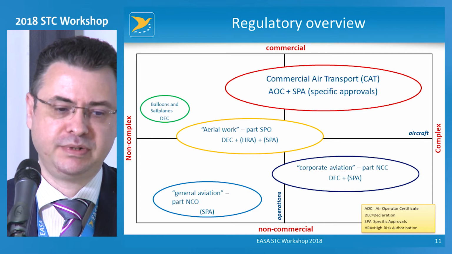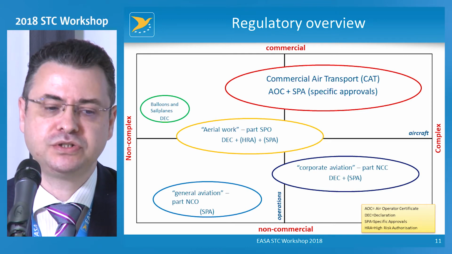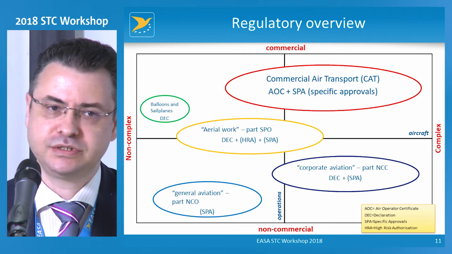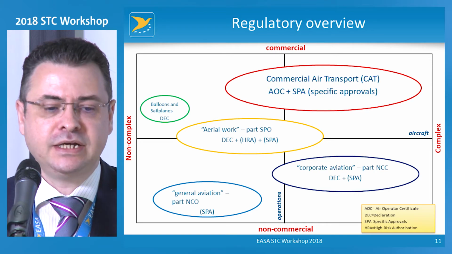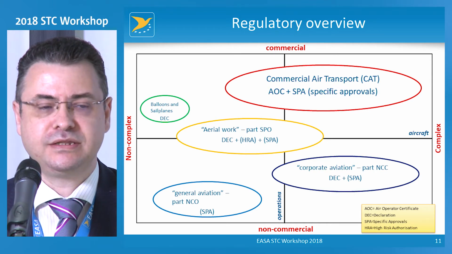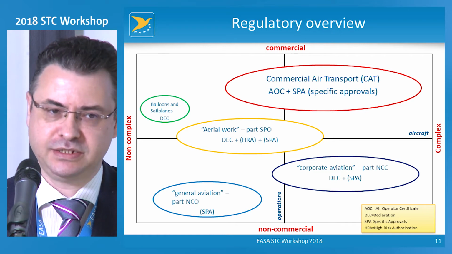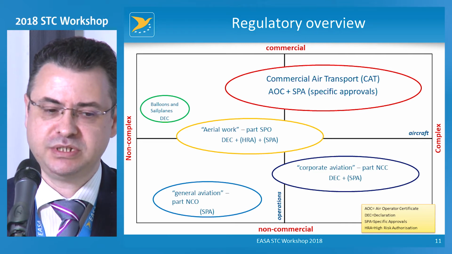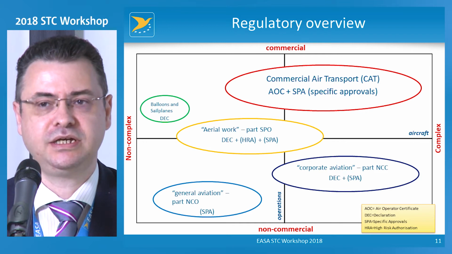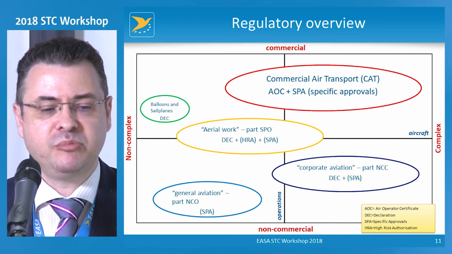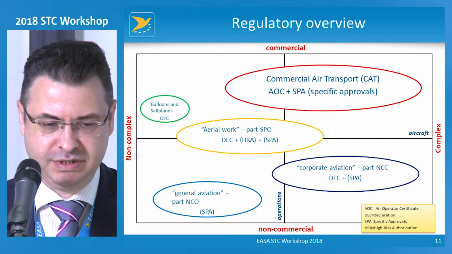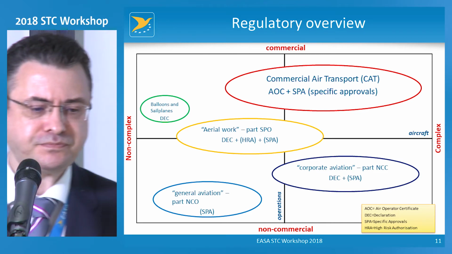At the very top of the list is, as I mentioned, commercial air transport, CAT operations, your airlines or your charter operations, where those are required to hold an air operator certificate before they can engage in doing business, supplemented, if they need to be, by the so-called specific approvals. We'll discuss a bit later what those are.